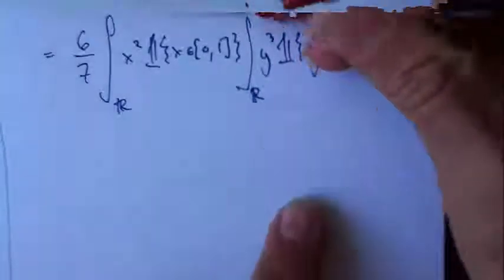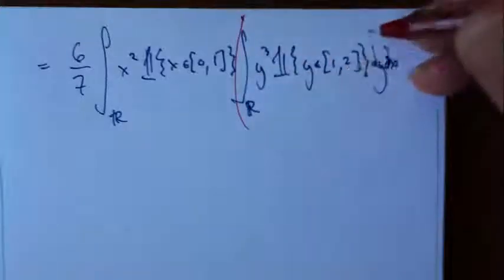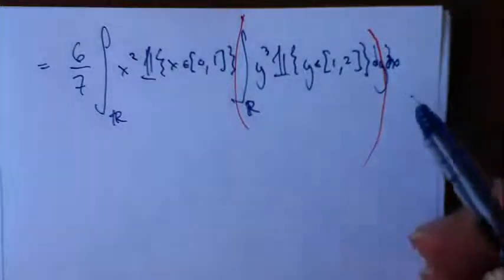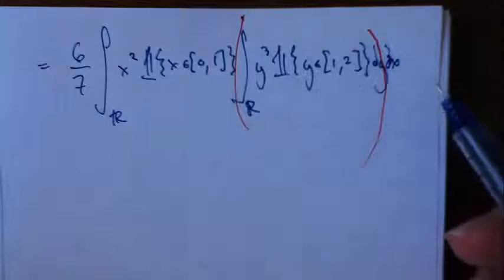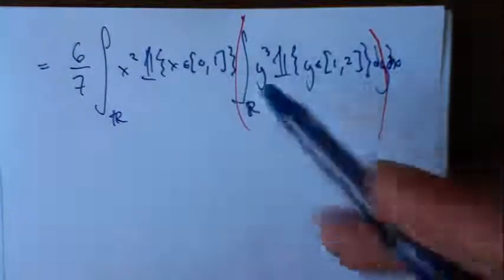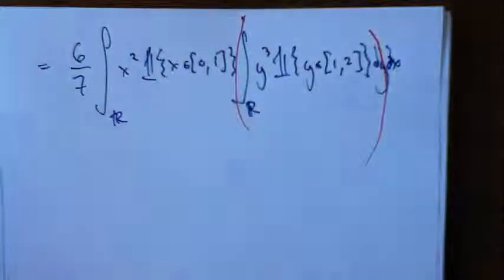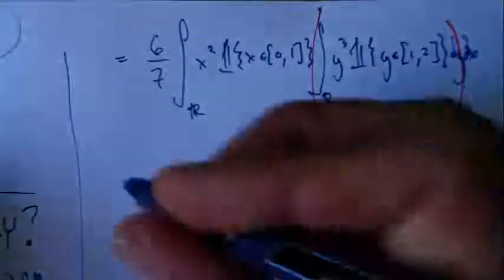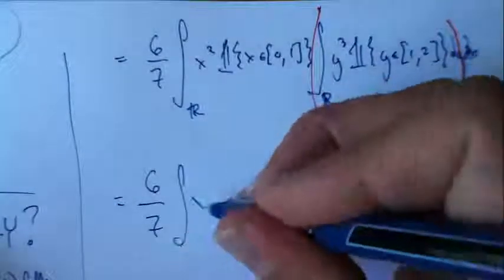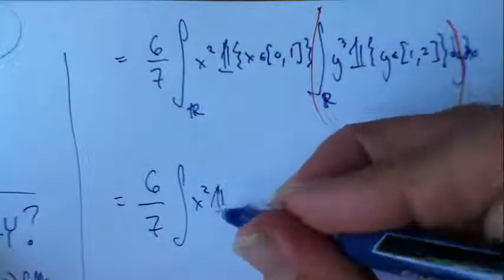So really I've got this integral. And in fact you can see, since they're independent, this dx I can pull through. And effectively, I've got the product of two integrals here. But let's just keep going. I've got this integral of x squared.